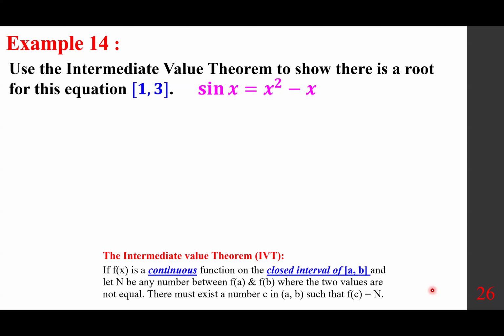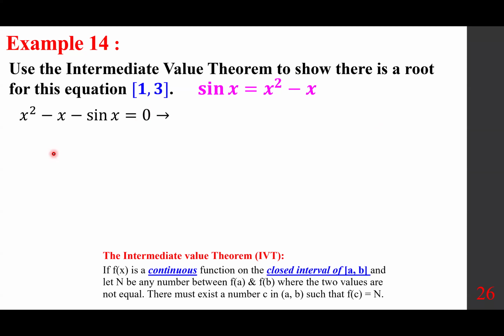Now, because we are looking to find there is a root, that means the left and right are equal, or that means if you bring everything to the same side, the left or the right, it makes no difference. That is equal to 0. That means you want to find that the functional value somewhere in here is negative, somewhere is positive.